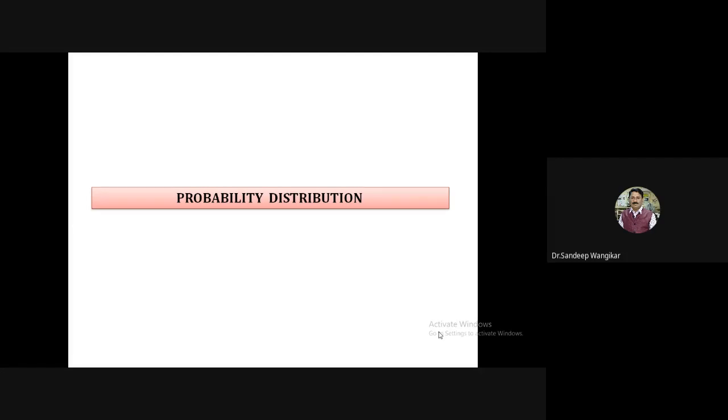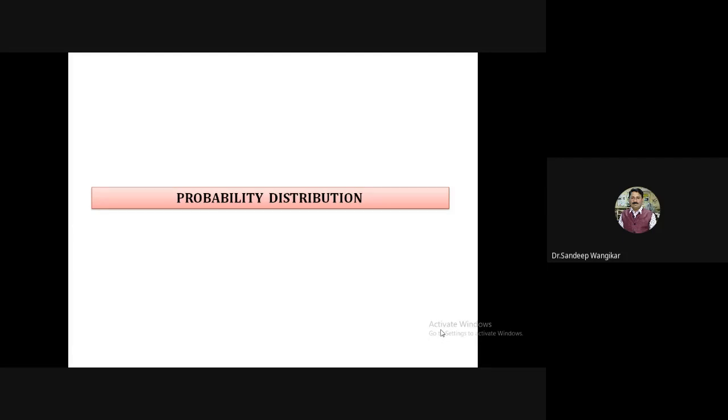So we have discussed what is probability. Probability is the chance or likelihood that an event will happen. In mathematical terms, the probability p value ranges from 0 to 1. 0 indicates that the event will not occur, and 1 indicates that the event is certain to occur.